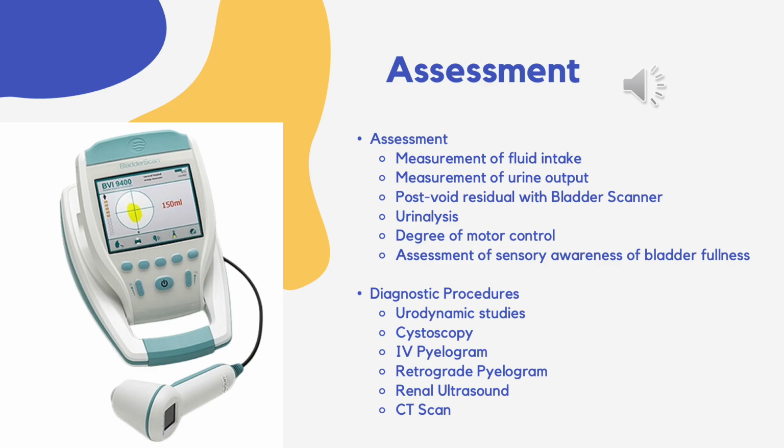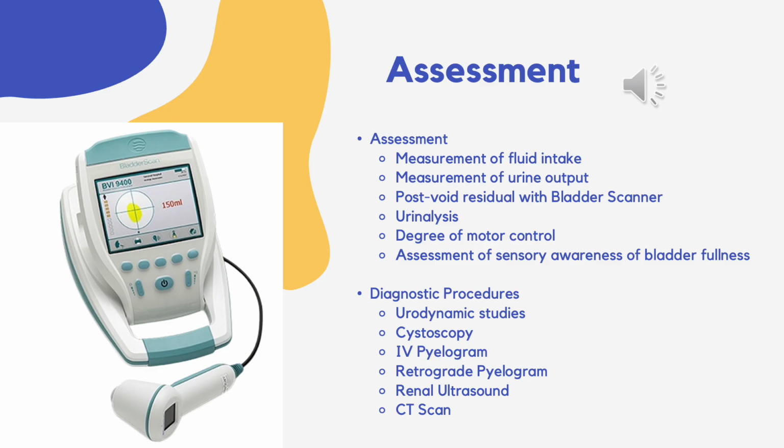Then sometimes it doesn't work quite as well. The accuracy isn't as great. But the primary goal of using a bladder scan device is to avoid any unnecessary placement of an indwelling urinary catheter, which is a leading cause of chronic urinary tract infections.